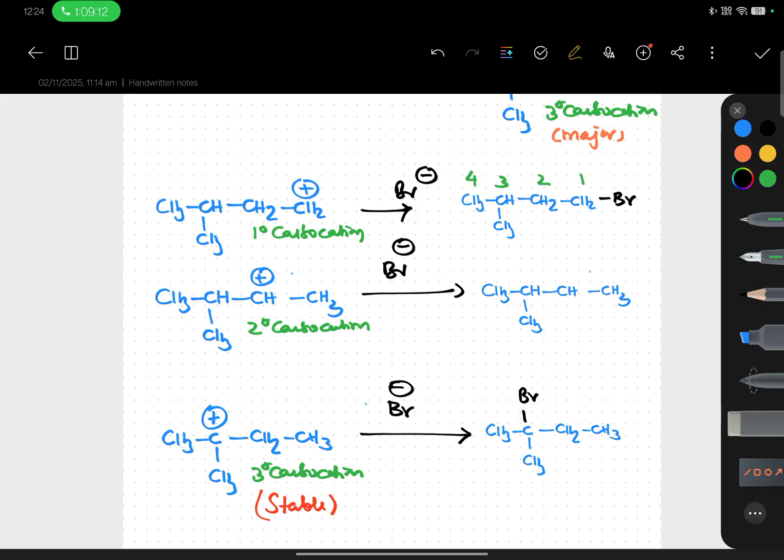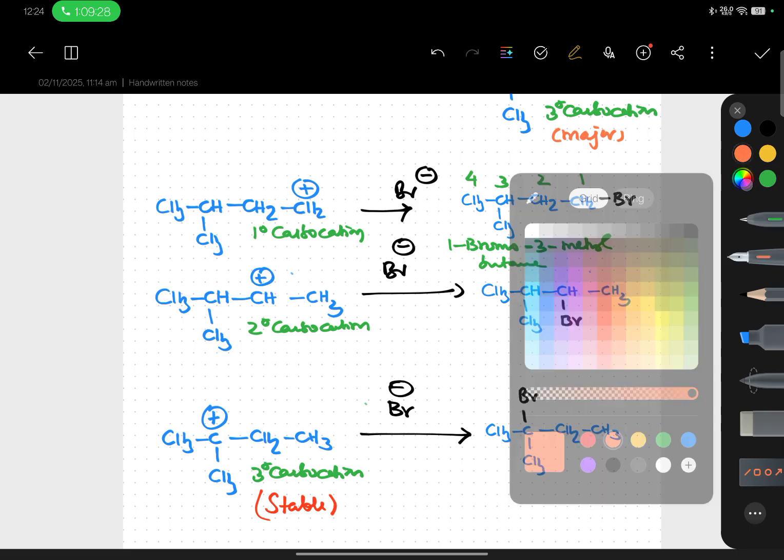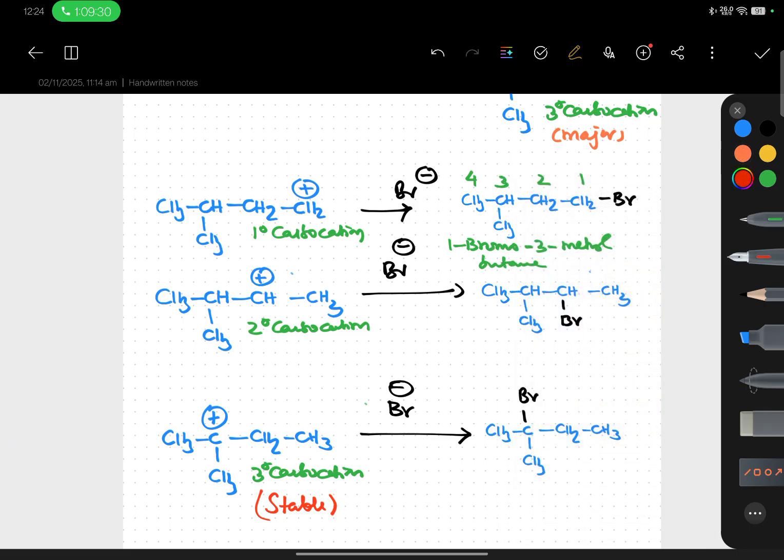Please be careful while writing it. See, I have made a mistake. I have added one bromo extra. You should not do that. So this is 1-bromo-3-methylbutane. So it will be very less in quantity.